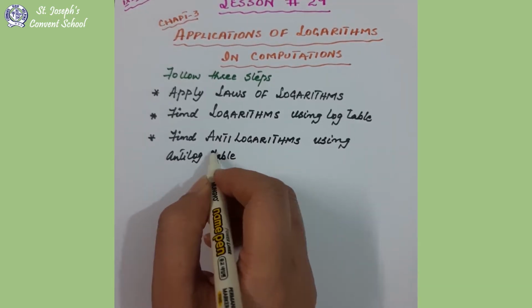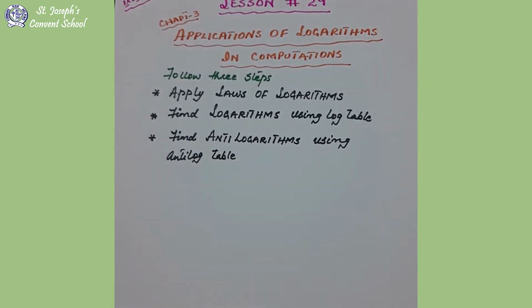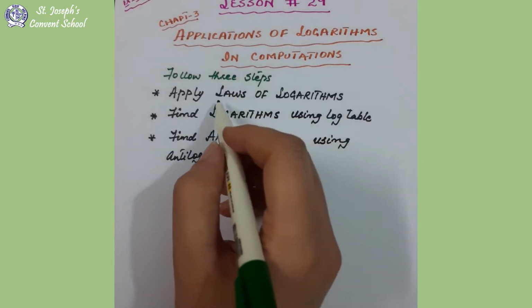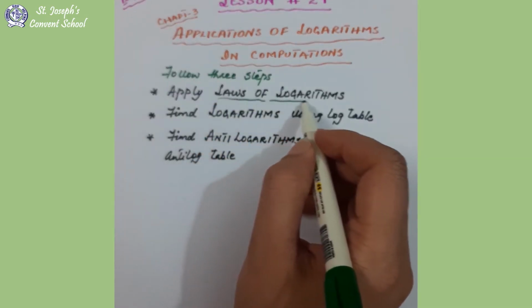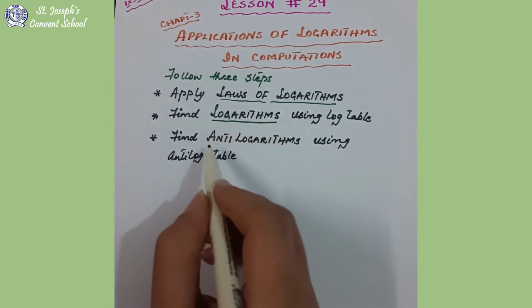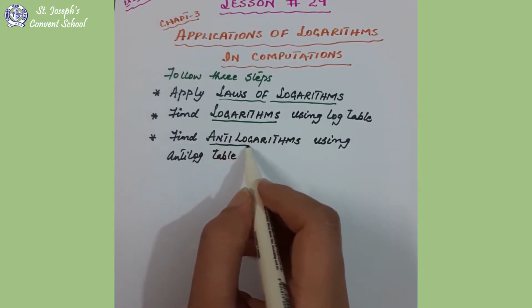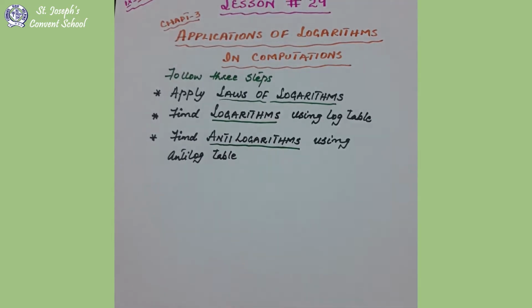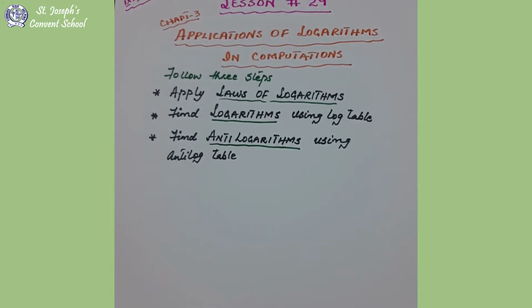So these are the three steps which you will apply in this topic. First step is to apply the laws of logarithm. Second step is to find logarithm. After finding logarithm, in the end you will find anti-log. Let me explain with the help of examples.